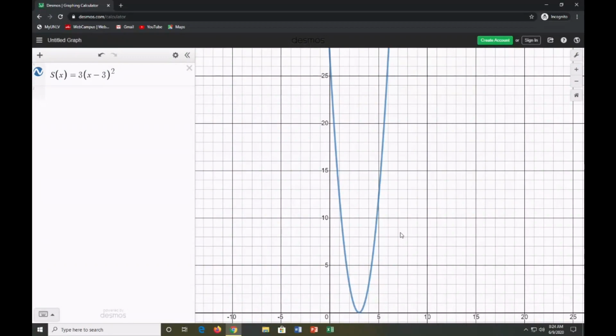So let's now snap the points, the intercepts that we talked about. The x-intercept is the same thing as the vertex in this case. So let's snap to it. It's at 3, 0, right there, the green dot. Let me label it, at the bottom of your screen, 3, 0.